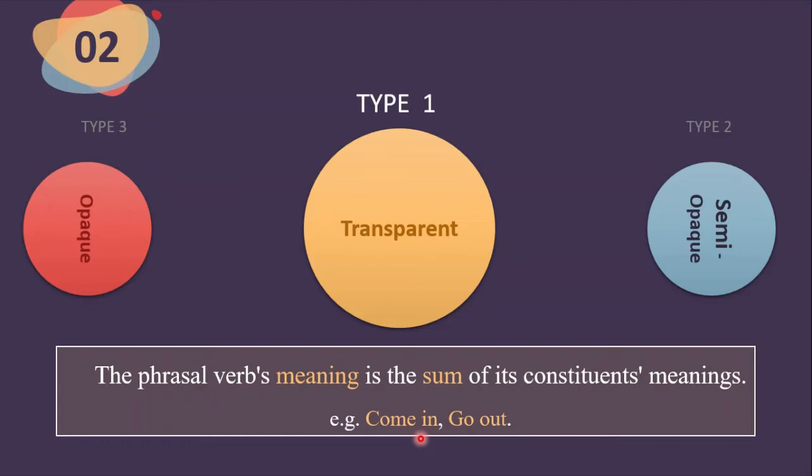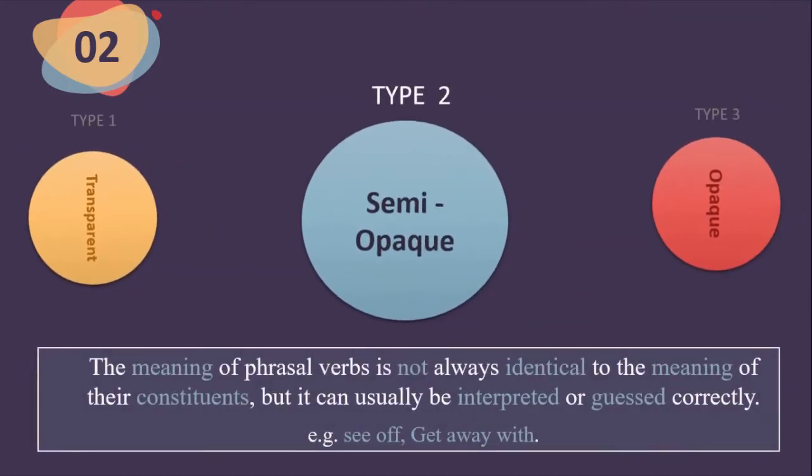Some grammarians believe that it's more of a phrasal prepositional phrase than it is a phrasal verb, but it's still considered the first type of phrasal verb. Type 2 now is semi-opaque, or sometimes called semi-transparent.